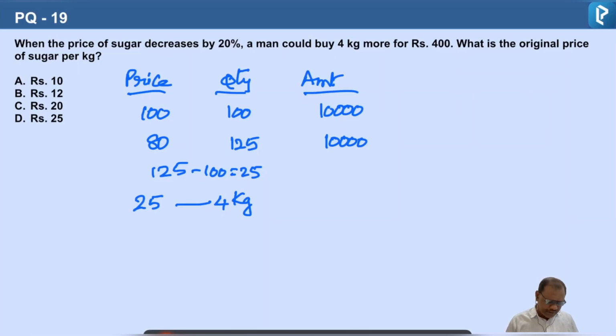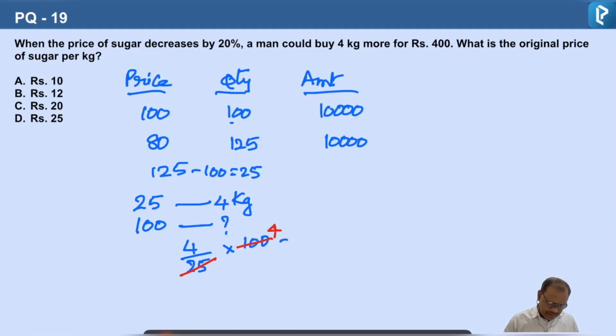So we need to find out the original price. First of all, we should find out what the original quantity is. So 100 kg is equivalent to what? If you simplify, 4 by 25 into 100, so that is 25 ones, 25 fours.